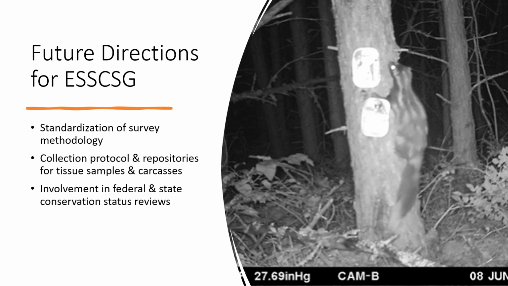And then we would also like to see if we could get some more official collection protocols and even perhaps repositories for tissue samples and carcasses so we can further help disease and genetic studies continue for the species.